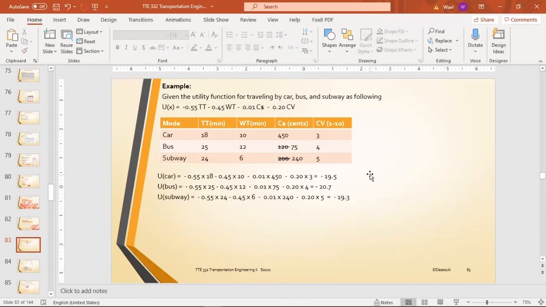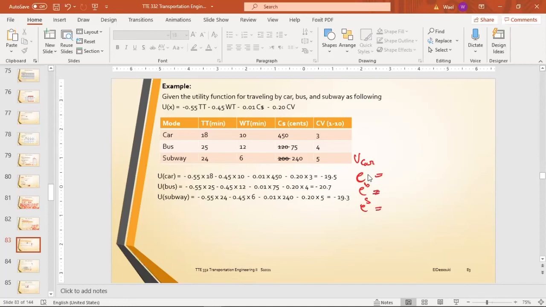Based on this, we can say that the e to the power of the car utility is going to be the same, did not change, correct? But e to the power of bus and subway, these are going to change.